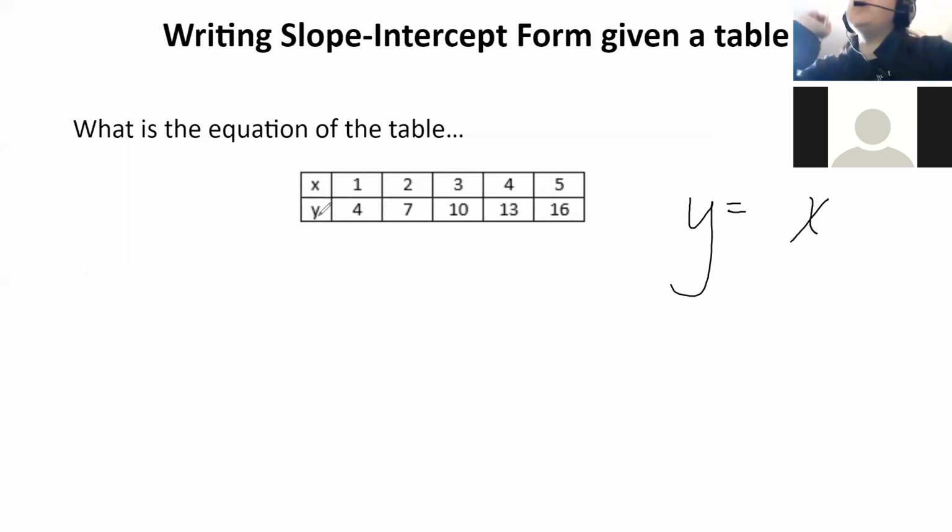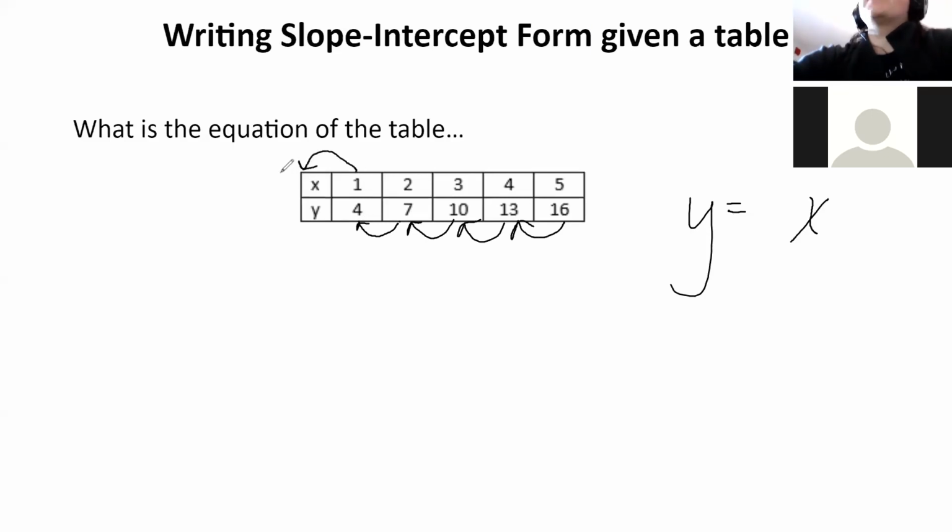However, we should be able to follow the pattern to figure out what that y value would be if x is 0. What's happening with our y's? How are they changing every time? By 3. Yeah, they're either going up by 3 or minus 3. So if x is 0, what would y be?